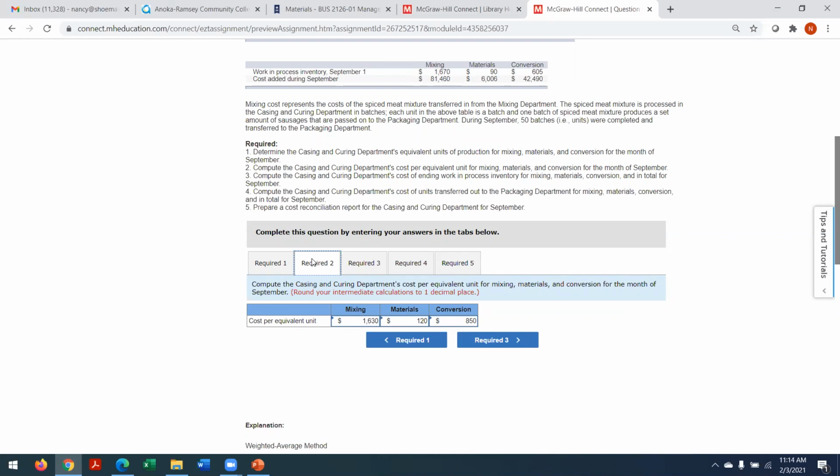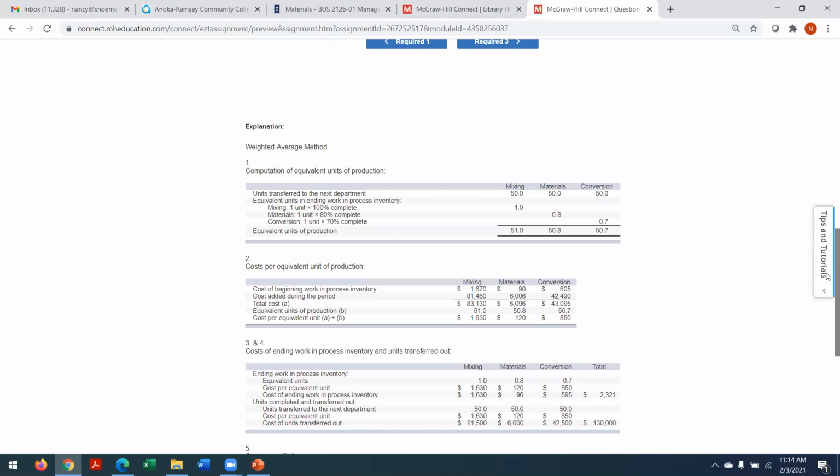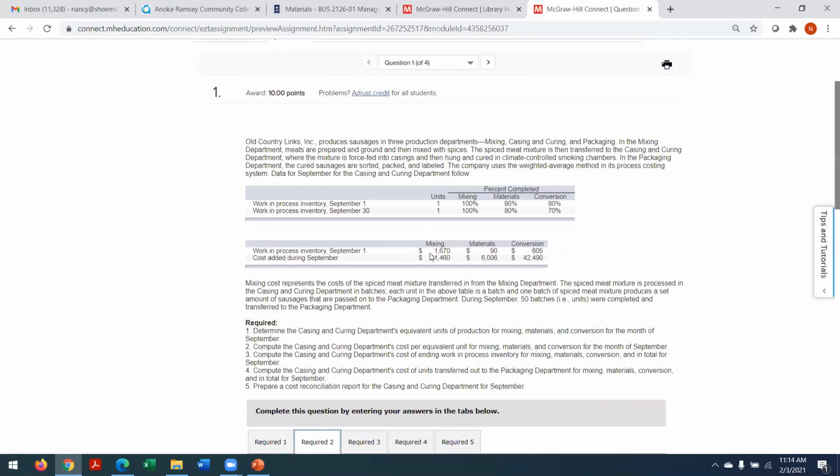Round your intermediate calculations to 1 decimal place. Okay, so let's go down here. Cost of beginning work in process. We have this information, 1670 plus 90 plus 605. It's up here.